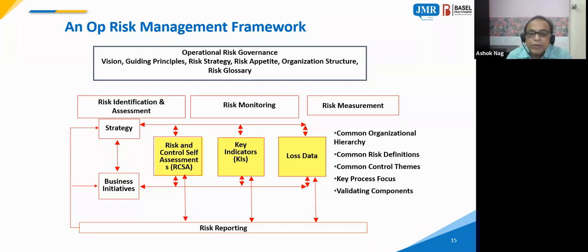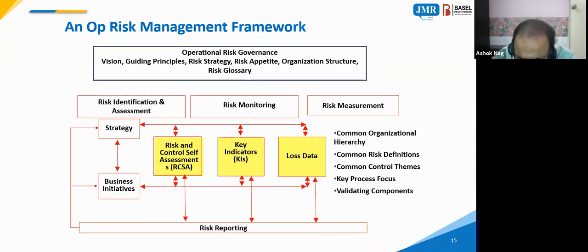Now, there are three components of operational risk which are very important for us to understand, apart from calculating the capital for this. One is RCSA, risk control self-assessment. Second is key indicators. Third is loss data. The risk control self-assessment process is very, very critical to a bank which is interested in a higher level of operational risk management, because it is very important that we try to identify risk before the event happens.